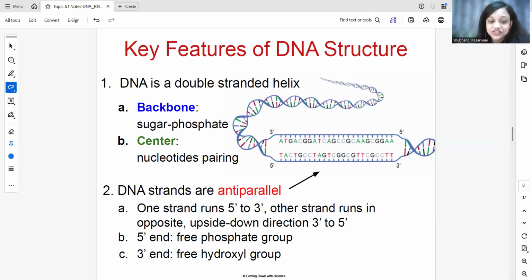Okay, so just now we know a little bit about replication. Replication is like you are making a clone of something. Okay. So how you make a Xerox copy of something, right? So that is the replication process.